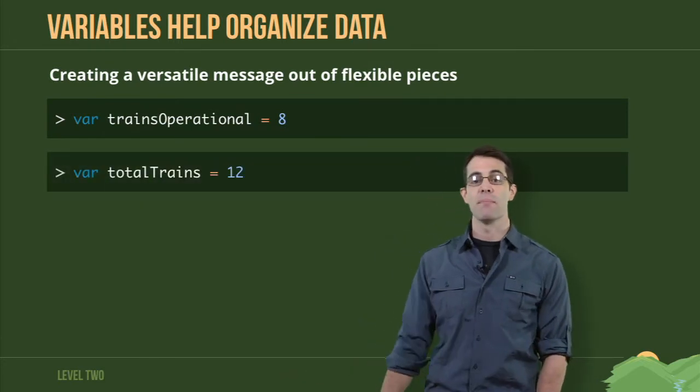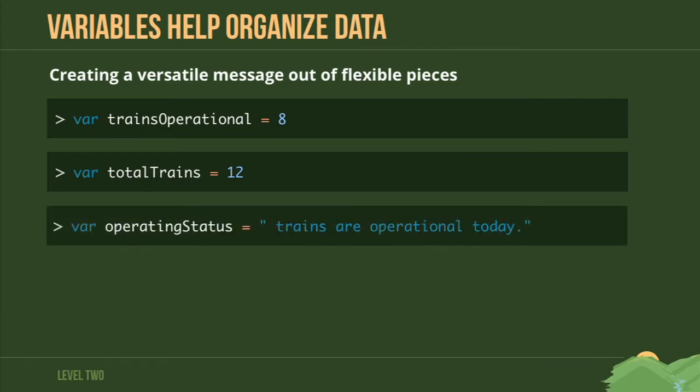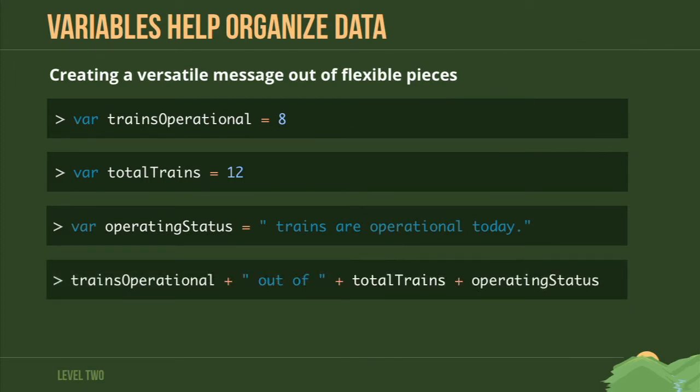Let's see how we can make a message to print to the user at the console about how many running trains there are today. If we wanted to make our message using these particular variables, we could do trains operational concatenated with out of, then the variable total trains, and then the operating status message. Together, those would produce 8 out of 12 trains are operational today.